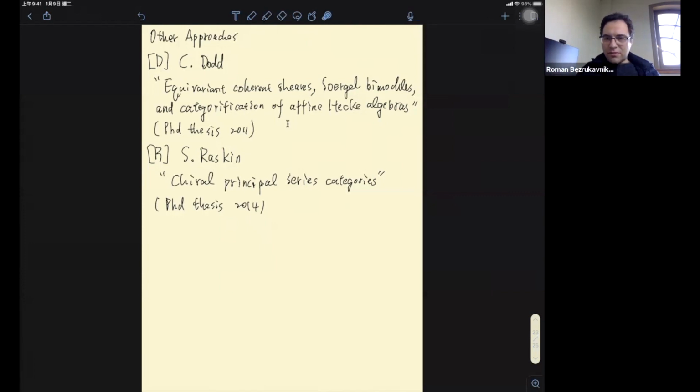But the name Drinfeld, as I wrote in the chat, refers to Drinfeld's generalized B structures, which is a technical tool for making sense of shifts on semi-infinite flags.